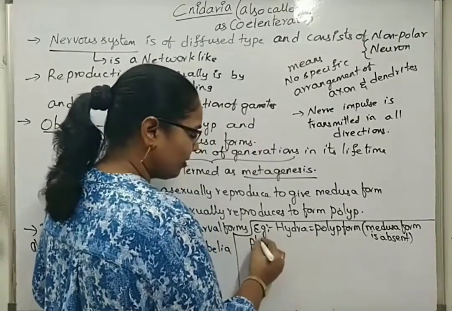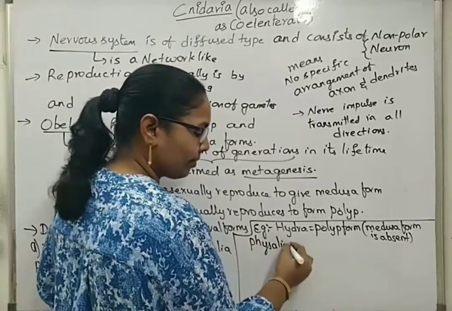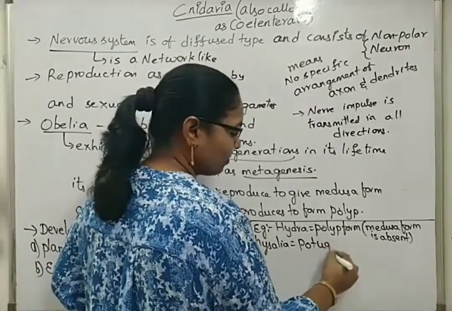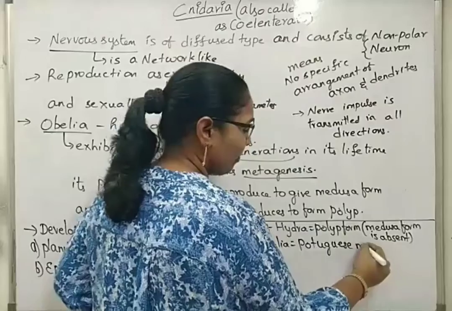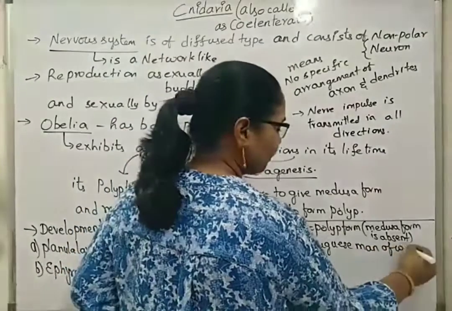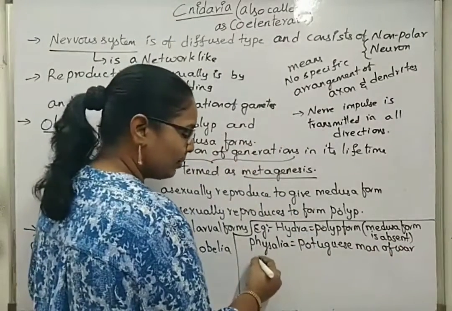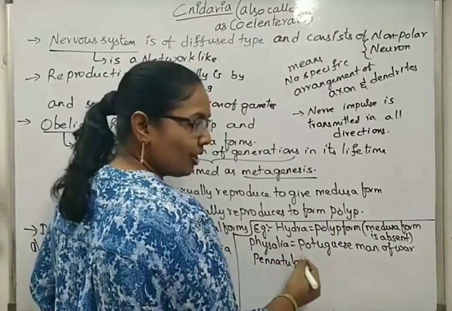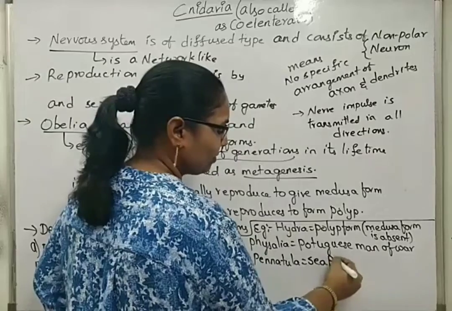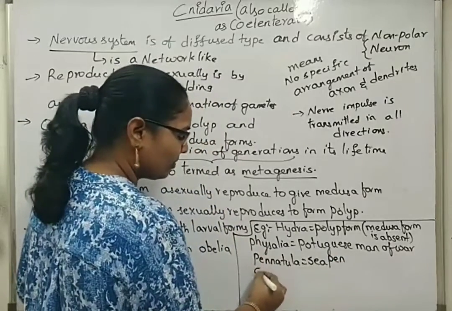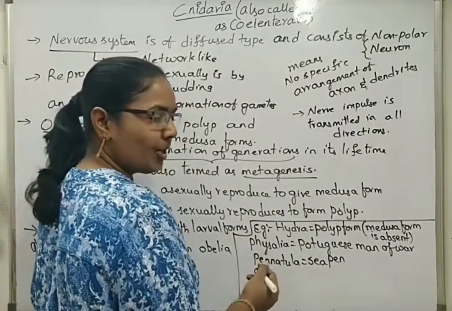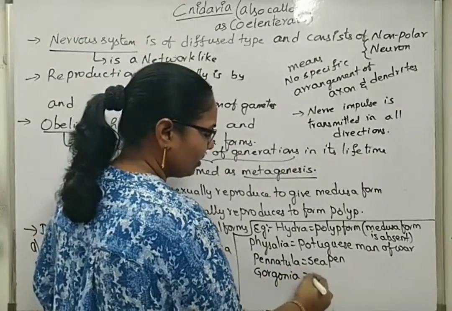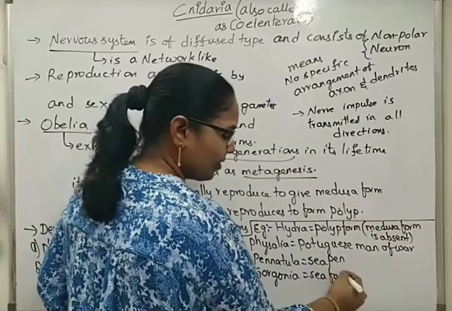Second example, Physalia, which is also called as Portuguese man of war. Next example is Pennatula, which is also called as sea pen. Next one is Gorgonia, which is also called as sea fan.